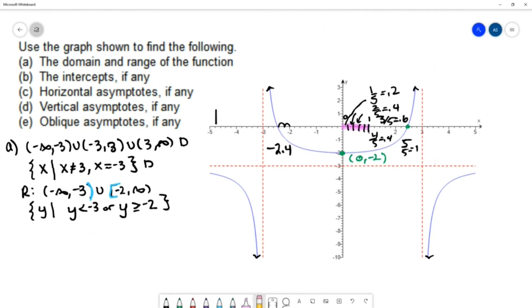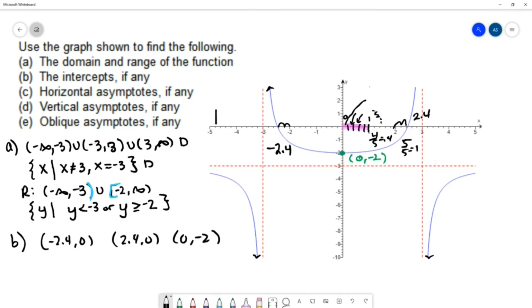And this one on the right-hand side will be 2 tick marks above. So that's going to be 2.4. So we have intercepts -2.4, 0, 2.4, 0, and 0, -2.